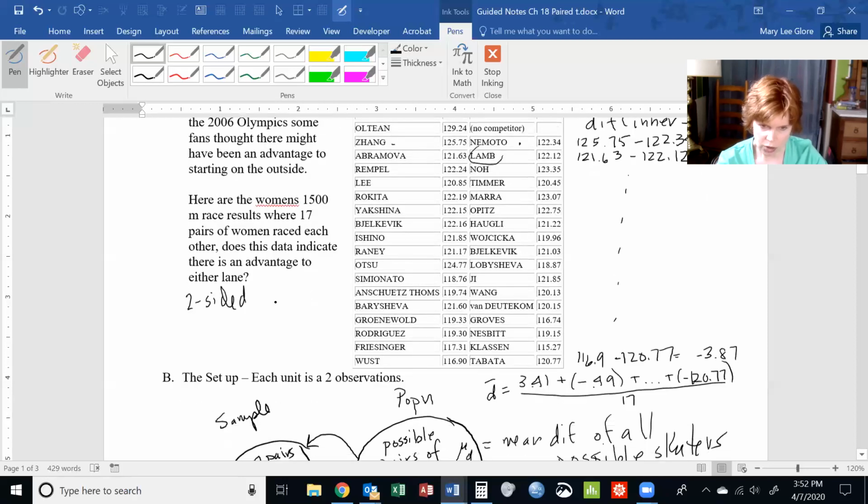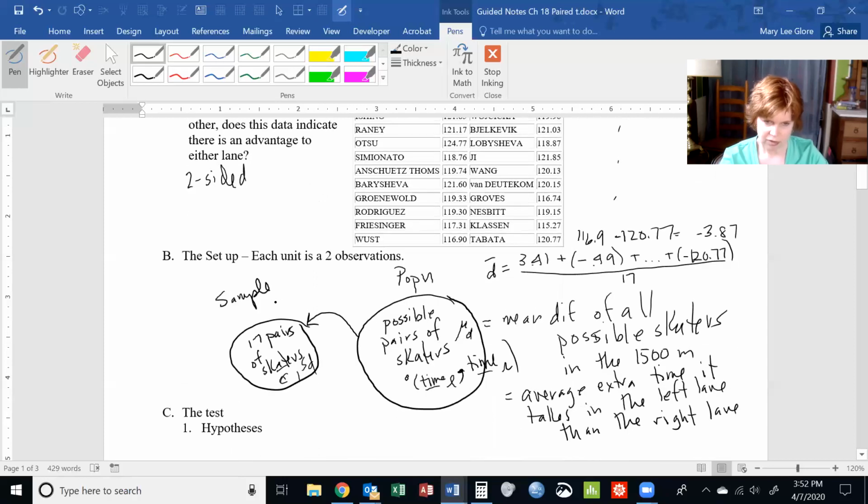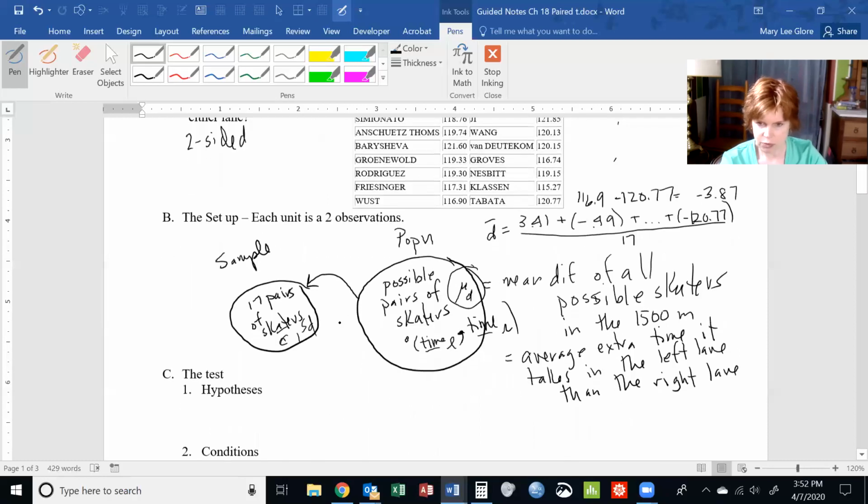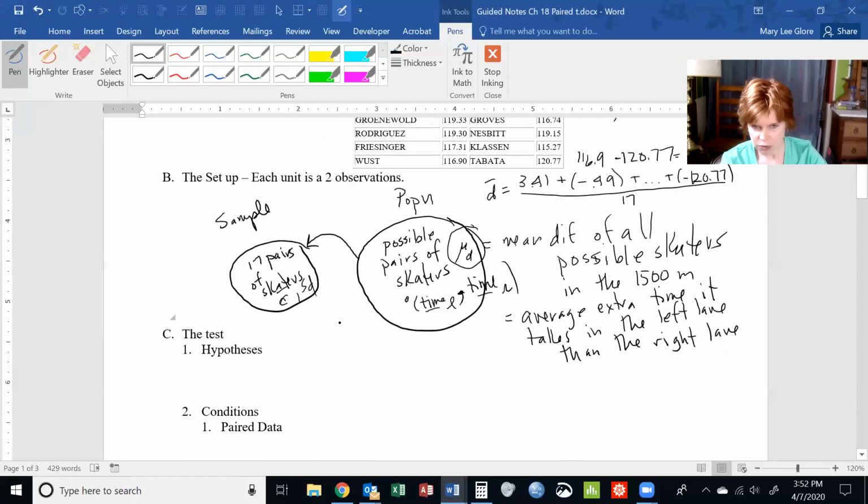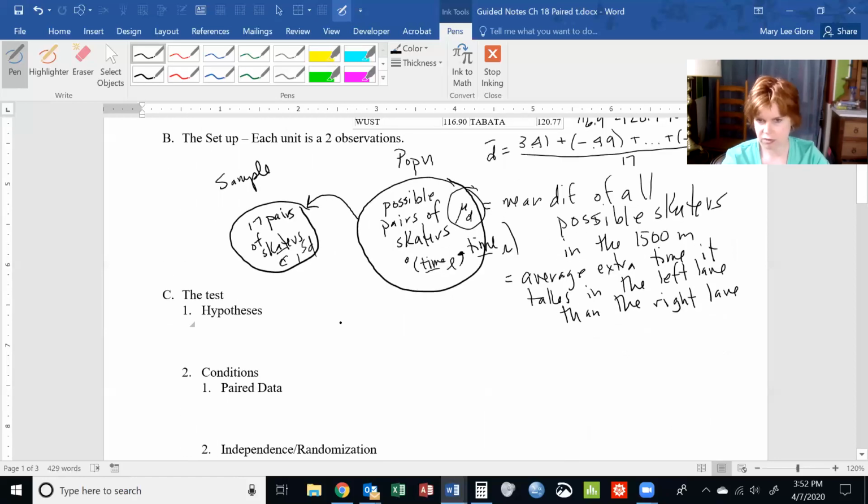And that D bar is a statistic that should be a good guess at what mu D is, which is, if I was to have an infinite number of Olympic races, what would happen? So that's what we'll calculate, and that's what we're going to use to test if there's an advantage to either lane.